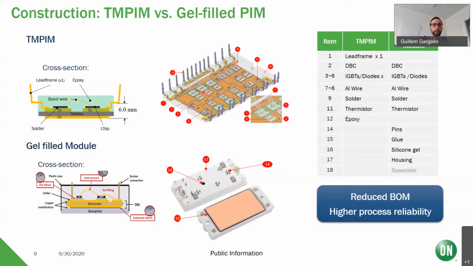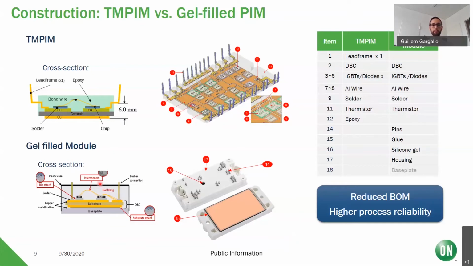We have the different semiconductors, IGBTs, diodes, or other kinds of semiconductors as well, which will later be attached to the pin terminals, between the copper tracks and also the dies, with the aluminum bond wires. We have, of course, the solder material between the semiconductors and the DBC. We include in every one of these packages an NTC, a thermistor, and then later on this will be encapsulated with the epoxy.